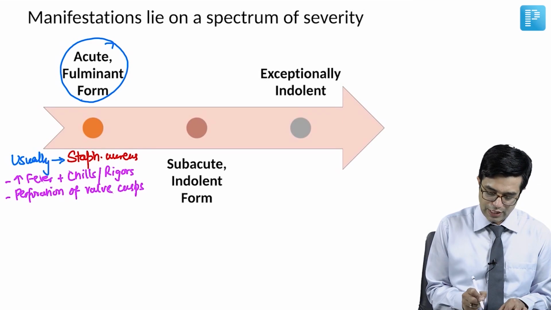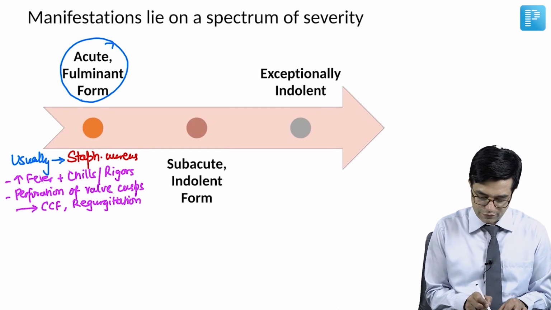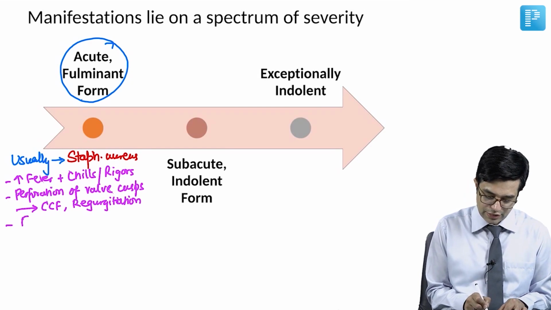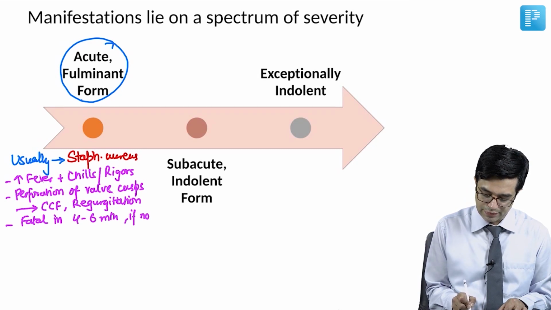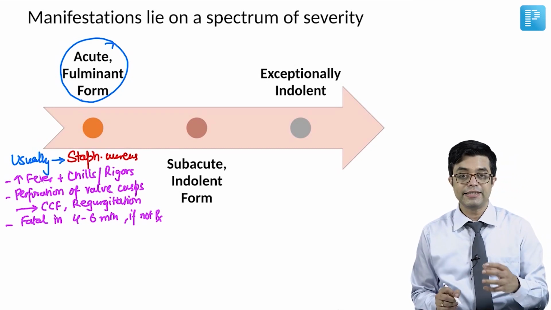These perforations of valve cusps can cause severe CCF and regurgitation, which is acute in onset. They usually have a rapidly progressive course and can be fatal in 4 to 6 months if not aggressively treated. So acute fulminant form is a very severe form.